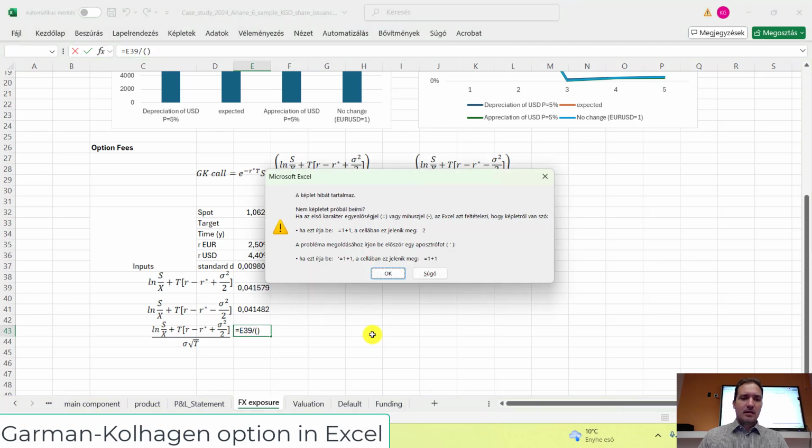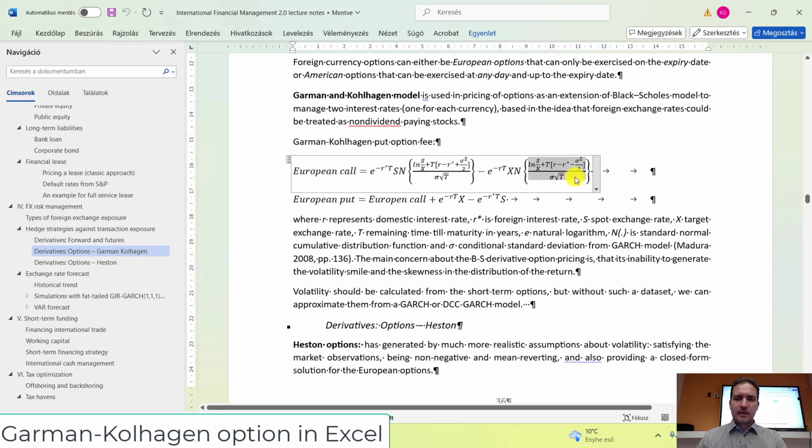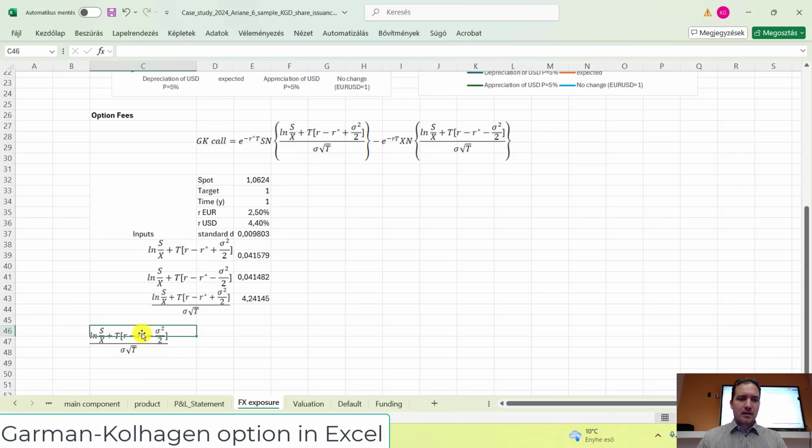Divided by the multiplication of square root of time, and this is the same for the other. Just in this case we have to save it. Okay, this.